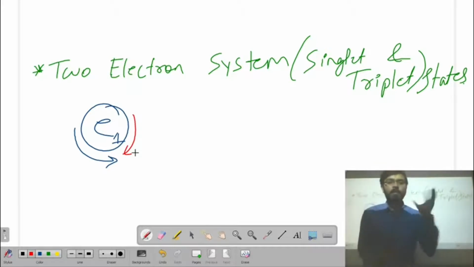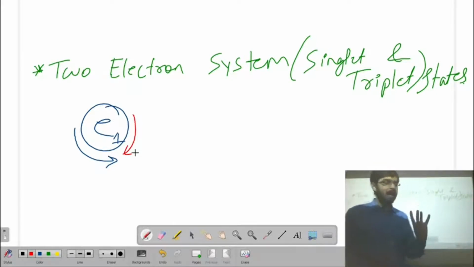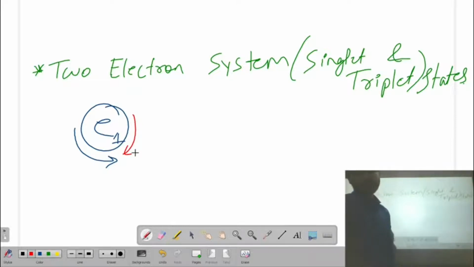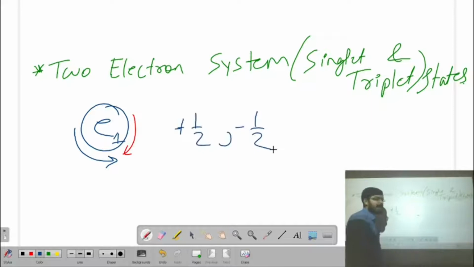It can rotate clockwise or anti-clockwise. Now, what will be the spin value? The spin values are fixed. We have already studied, that is plus half and minus half.